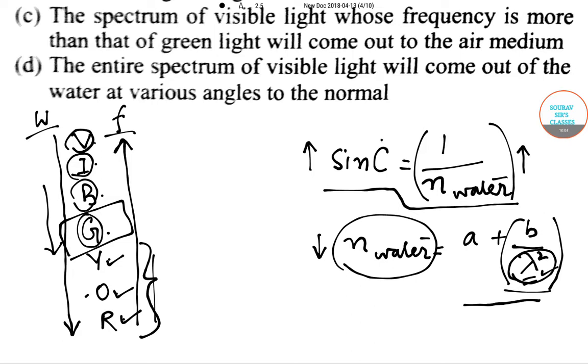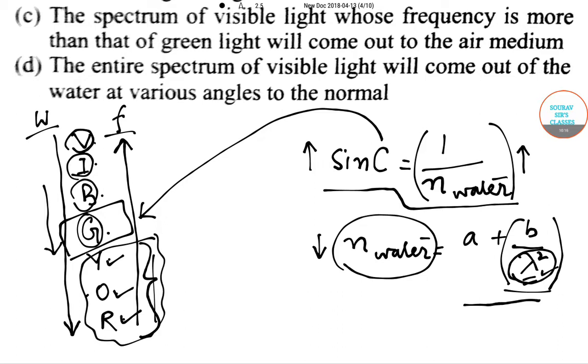that if sin C is the critical angle for green colored light, the critical angle for these three lights will be greater than its critical angle.